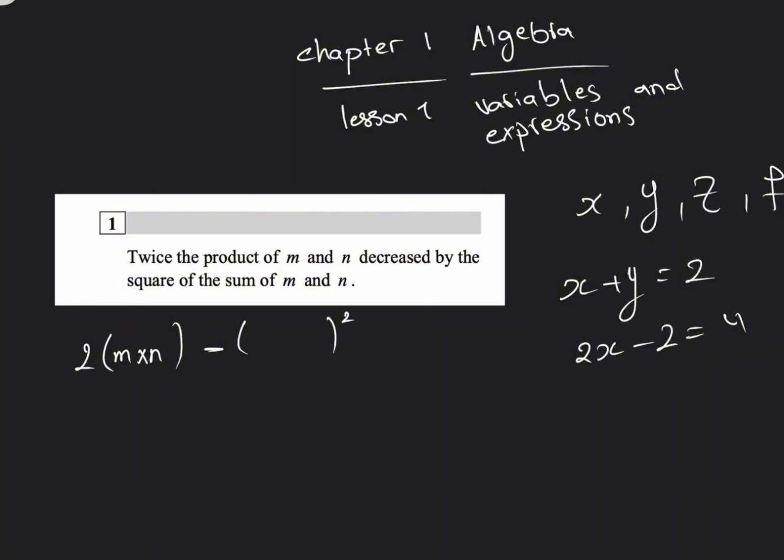The sum means the addition, the addition between m and n. So m plus n. So let's simplify it right now. It will be 2mn minus (m plus n) to the power of 2. And this is our answer.